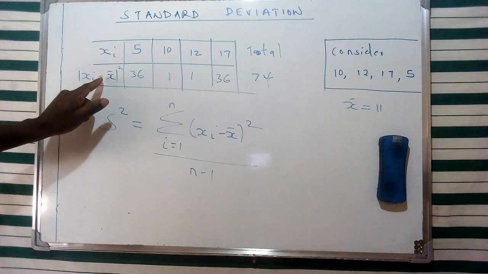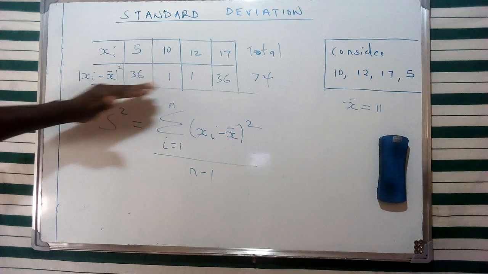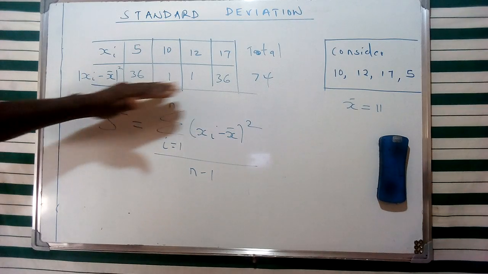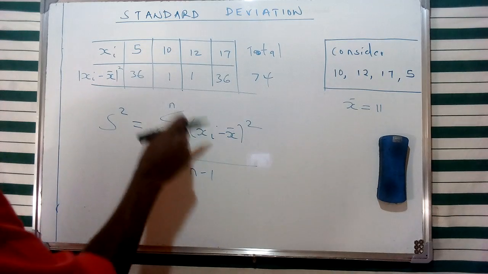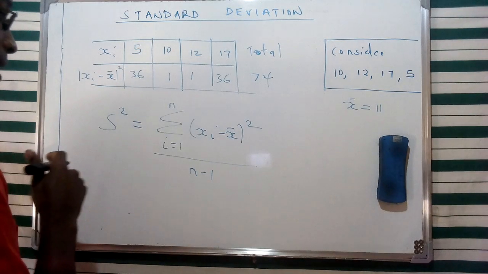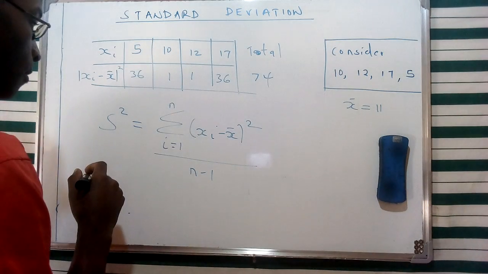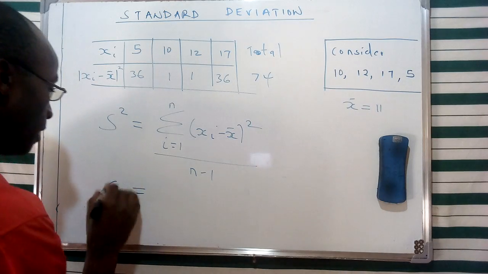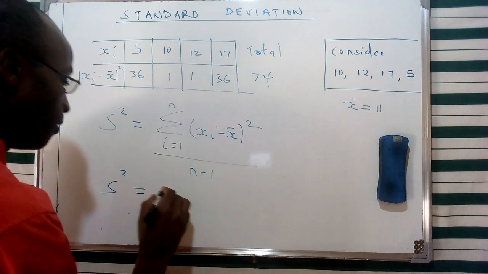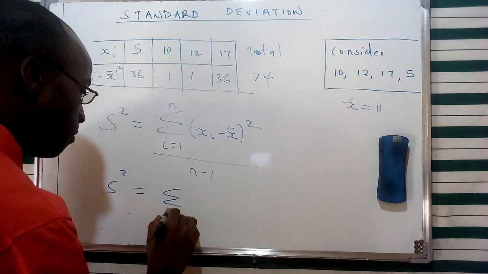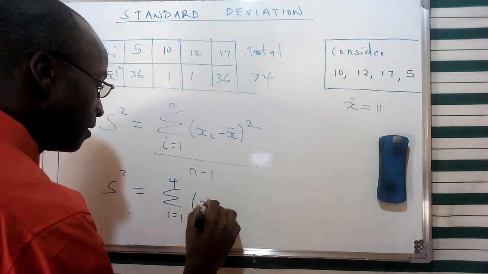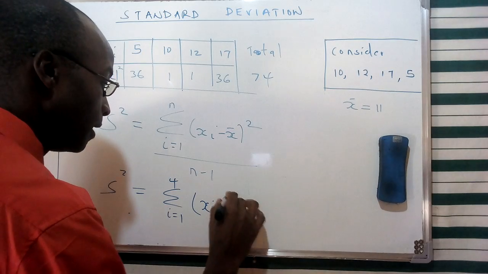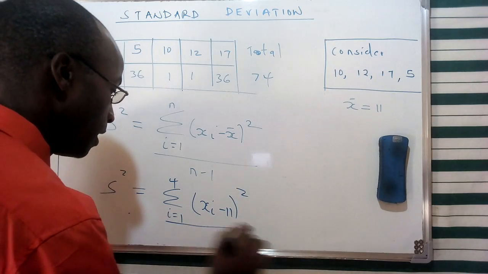If we look at this second part of our row, it forms the squared deviation, and that's going to be the summation of the squared deviations from 1 to 4. So this gives us our formula: the summation from i equal to 1 to 4 of xi minus 11 squared, all over 3.